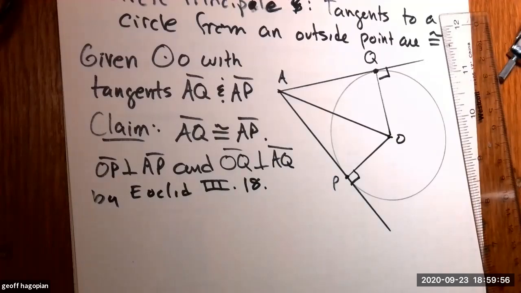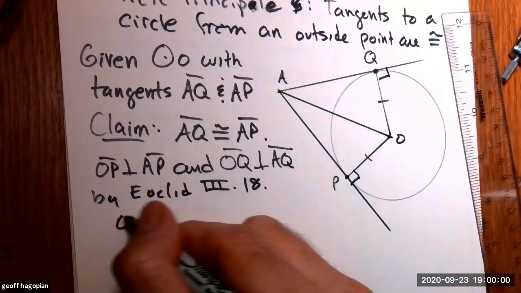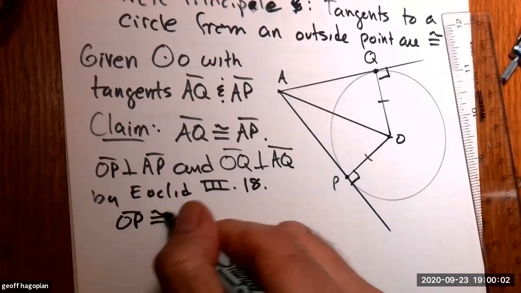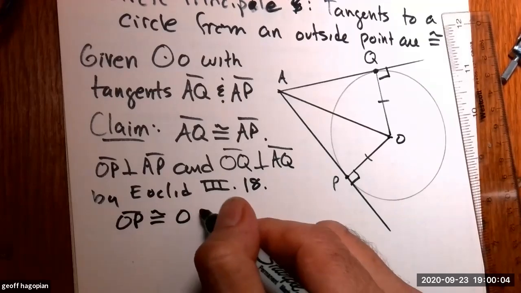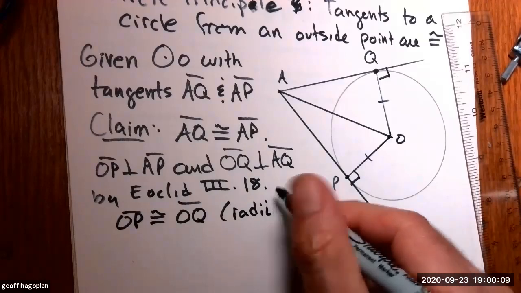So we know that AO is congruent to itself. Well, the radii are congruent, right? These are radii of the same circle.